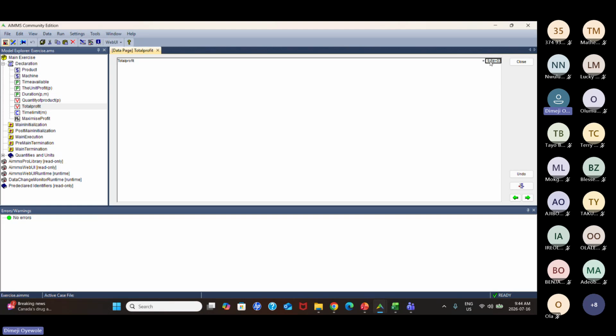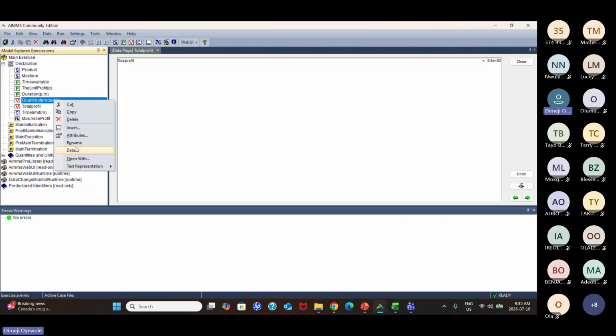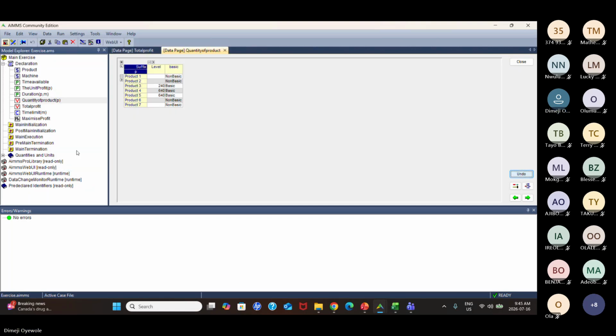That is 9,600. That is total profit. And the product, so not all products will be manufactured. It selects the products to manufacture, which are products 3, 4, and 5. Those are the products to manufacture.